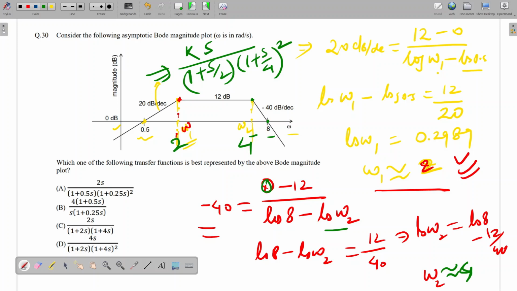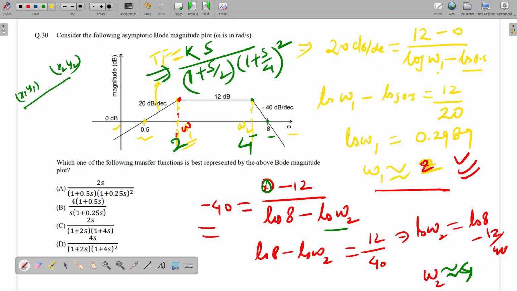Here I am going this way: y2 is 12, y1 is 0. That is the slope of a straight line, with points x1 y1 and x2 y2. Is it clear? Okay, so the transfer function will be of this form. This will be our transfer function.